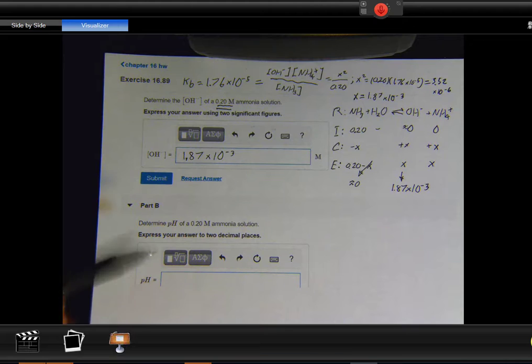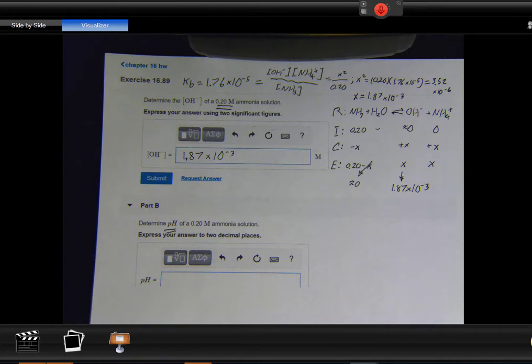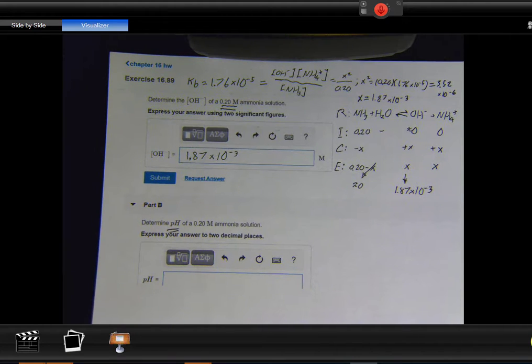For part B, we're finding the pH of that solution. It's the same solution. So we've already found part A. Make sure you get part A right before moving on to part B, because your answer for part A is going to determine your answer for part B. Now, when we were doing a weak acid solution, we would take the concentration of hydronium and just put it into the pH equation.